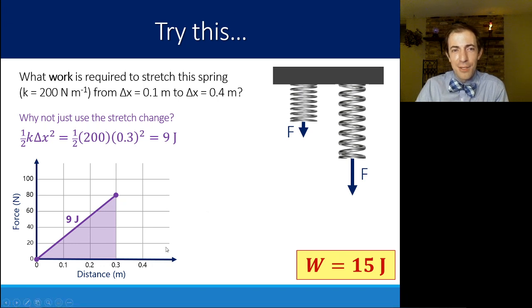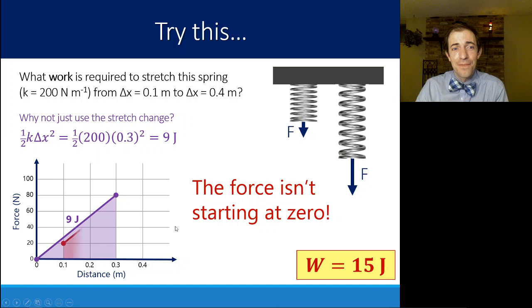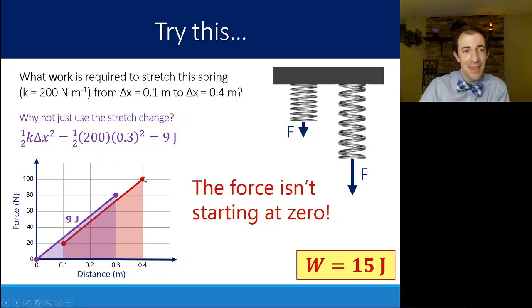Now, if I wanted to find what actually happened here, I would find that the force is actually changing. As it goes up from 0.1, the force would be 20, to 100 at 0.4. The starting force isn't 0, so the area here includes everything up until that 0.1.